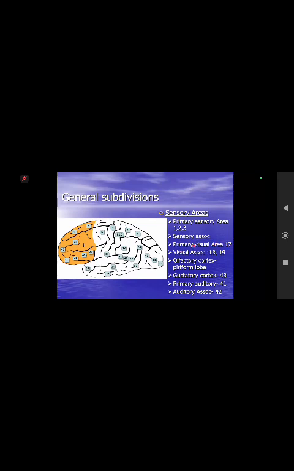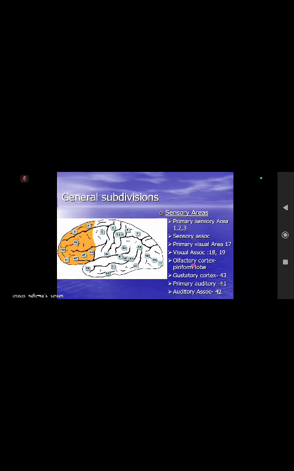So this is where the axons from the retina project into area 17. Areas 18 and 19 are visual association areas. So this is where there is interpretation. In the association areas, there's interpretation of what comes to the primary areas.